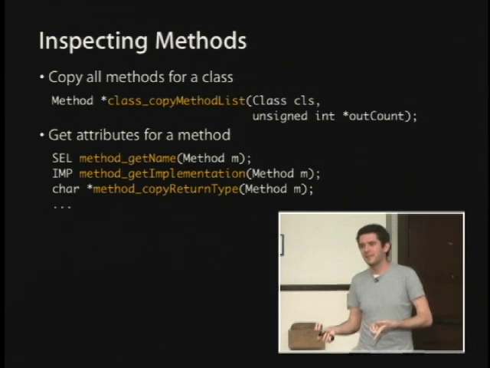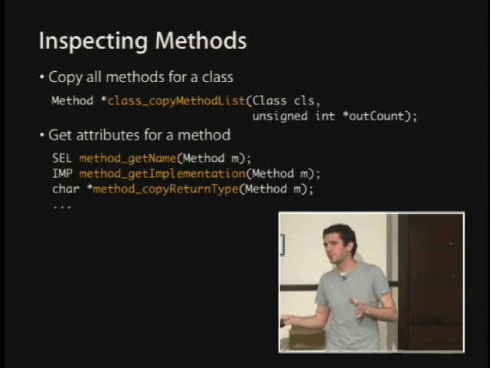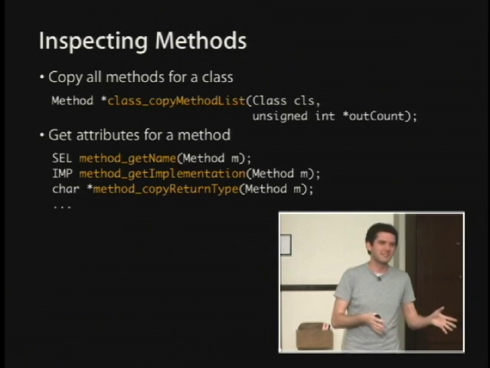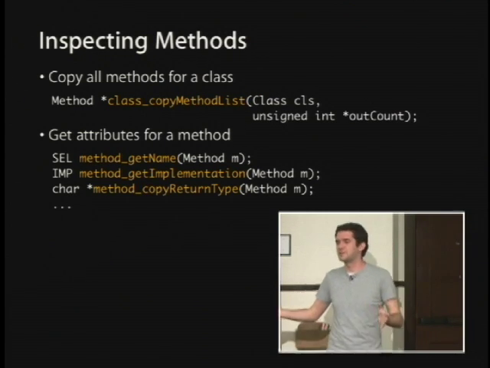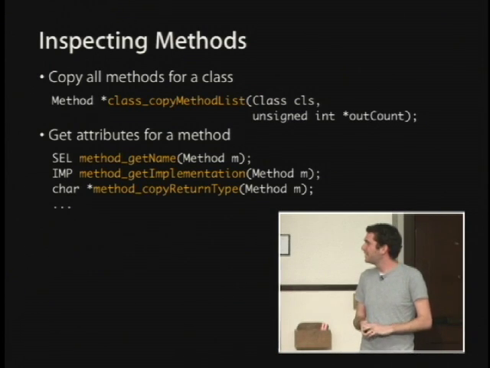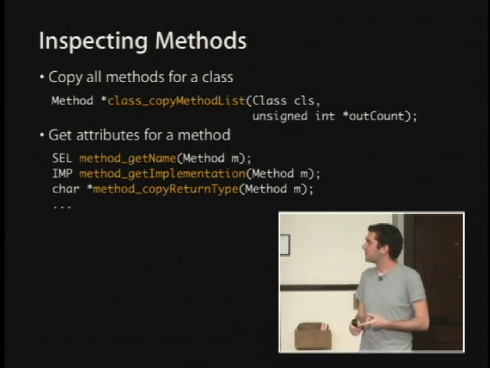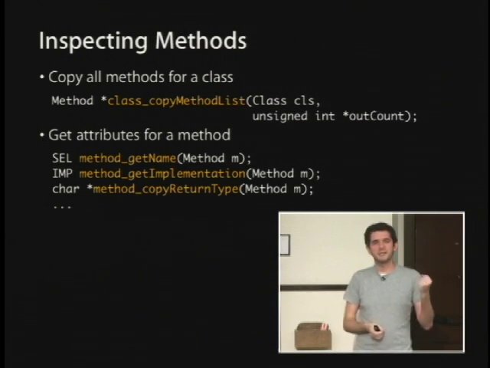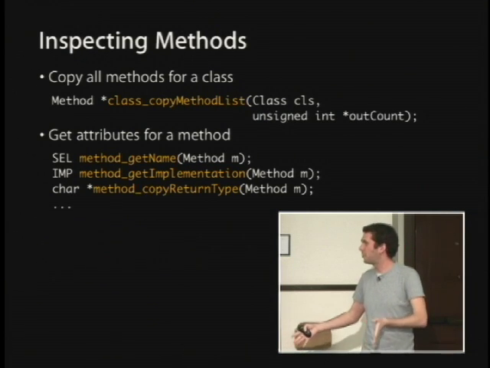Now, this is where we start to get into things we glossed over earlier in the semester. We talked about methods and selectors, but we didn't say much about what their difference was. We basically said you can consider them the same for all intents and purposes. That starts to not be true now. A selector is basically your abstract name that defines a way to call some method on your class.